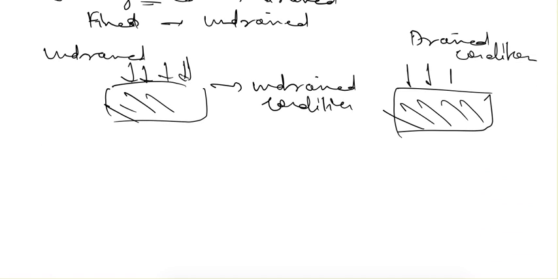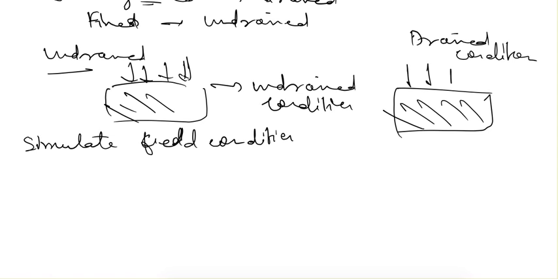So depending upon these undrained or drained conditions, we conduct our test to better simulate the field conditions. So depending upon that we can find out proper values of C and phi.